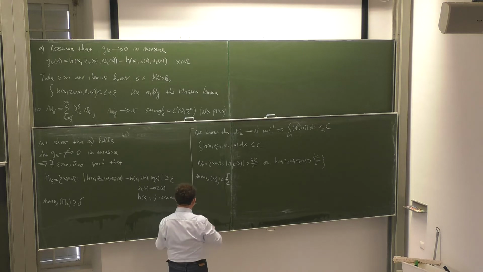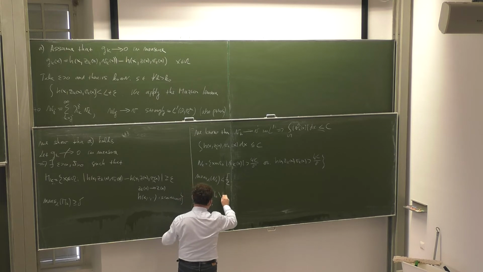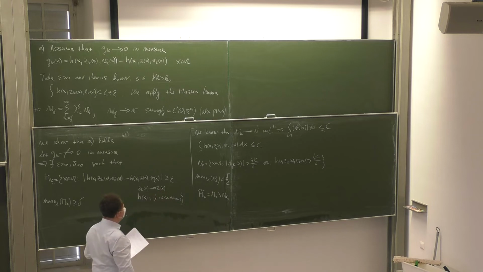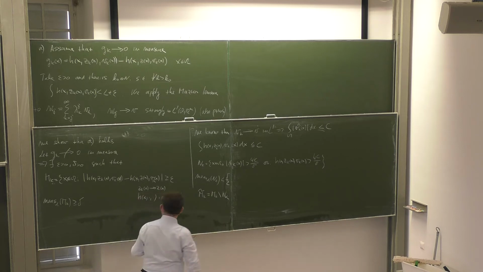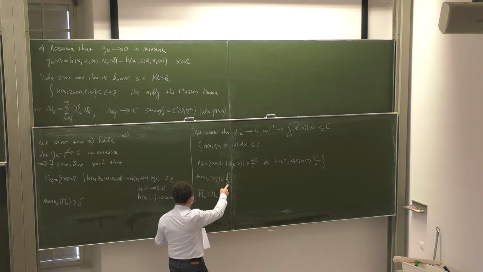I denote by Mk tilde the set Mk minus Nk. So for this set, the Lebesgue measure is at least delta. This is smaller than delta half.